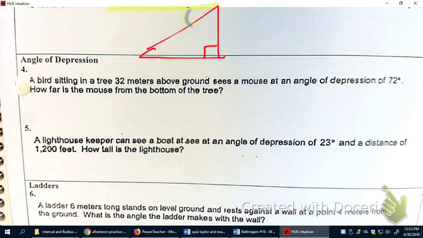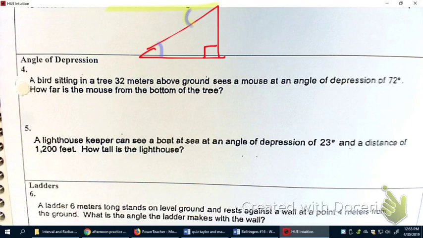Now, that yellow line and the red line at the bottom, they're parallel. So that means that this angle, which is the angle of elevation, is equal to the angle that we're looking for, which is the angle of depression. Okay? When we say angle of depression, we're really talking about that angle outside the triangle that's way up there.